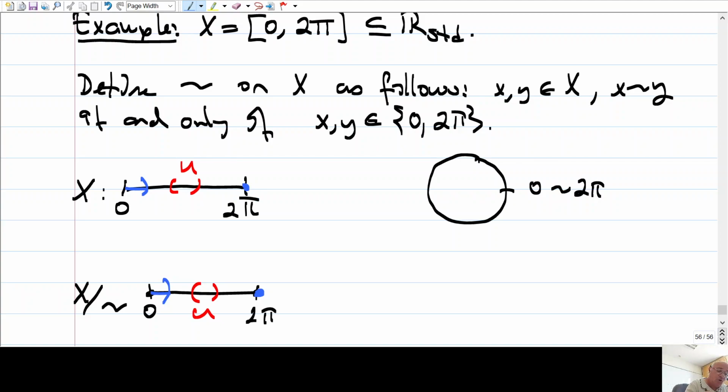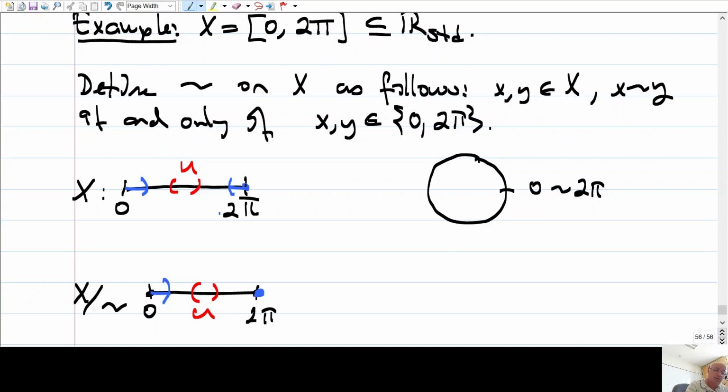But in the standard topology of R, if you have a point belonging to an open set, then an interval containing this point should belong to that open set. So my open set cannot consist of a single half interval like this.